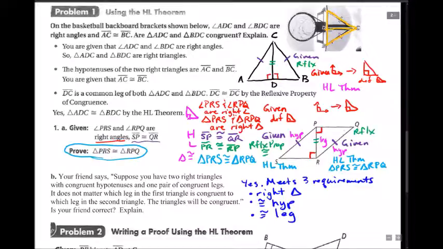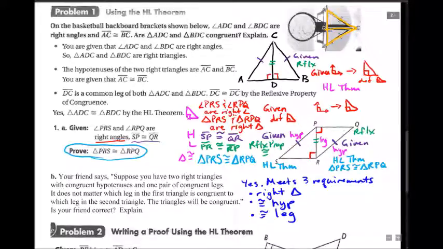So let's see how we write this into a proof. We have to do three things here. First, we need to make them right triangles. We're told that these angles are right angles. That is given, which means we can say that the triangles, look how I used the same order, are right triangles by definition of right triangle.